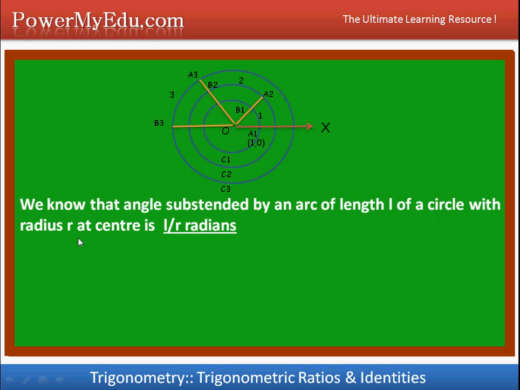The angle subtended at the center of a circle with radius r by an arc of length L is L by r radians. What happens is, as this particle is moving on a circle, if we can find out the radians it travels on each circle, then we can find out after how many radians it crosses the x-axis.